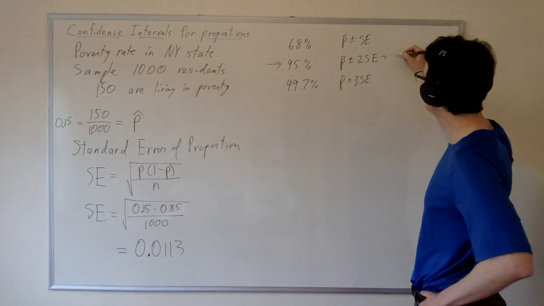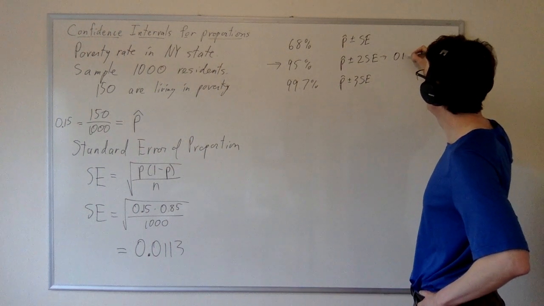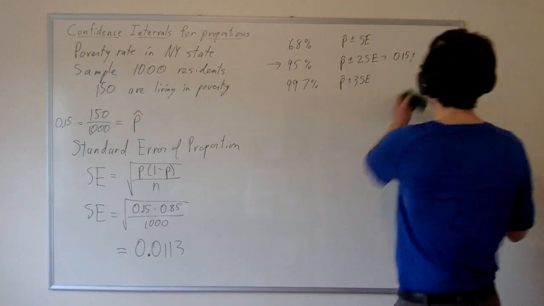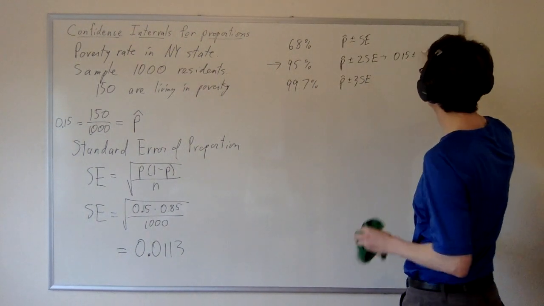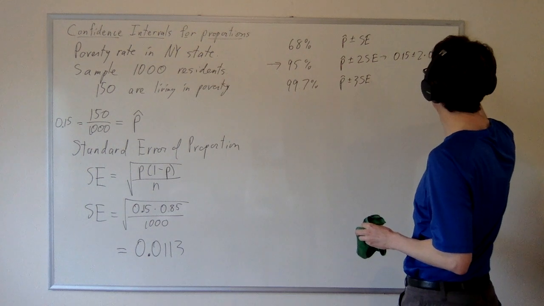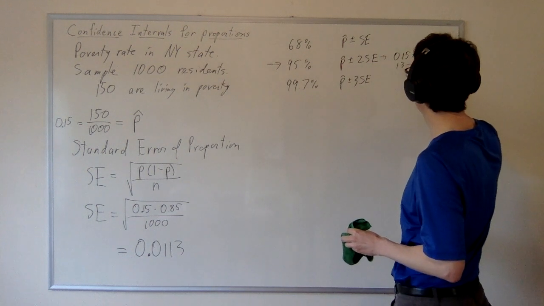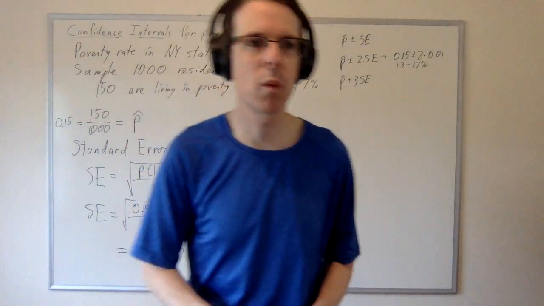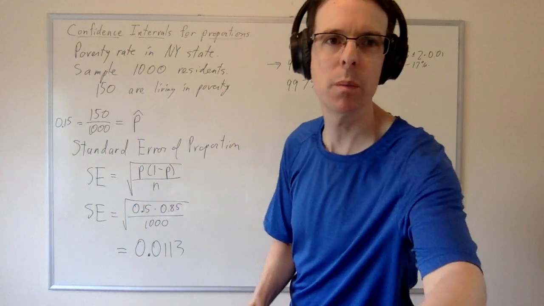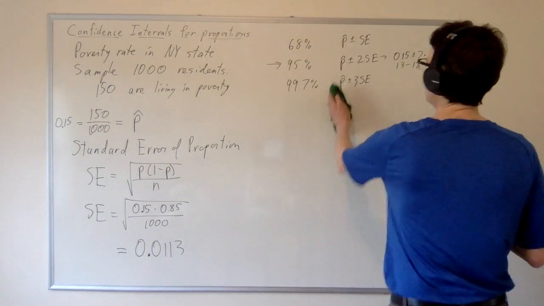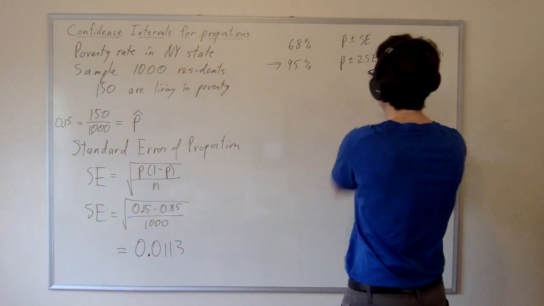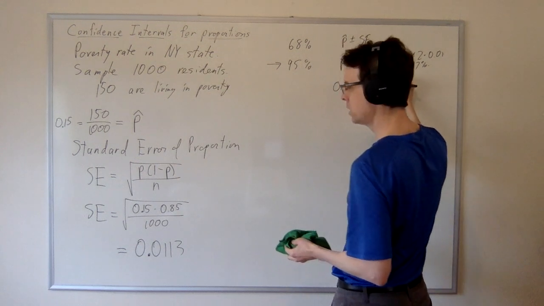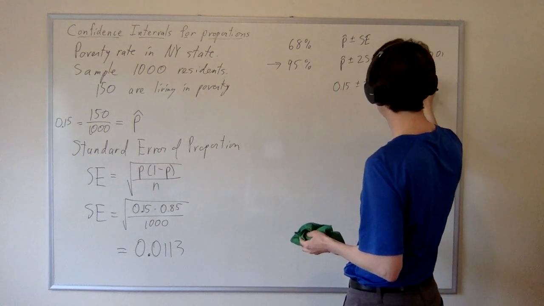And this is about 0.15 plus or minus approximately 1% times 2. So that's 2 times 0.01, which is about 13 to 17%. So the right conclusion here, let me give some accurate numbers in order to be precise. So to be precise, we have 0.15 plus or minus twice 0.0113.